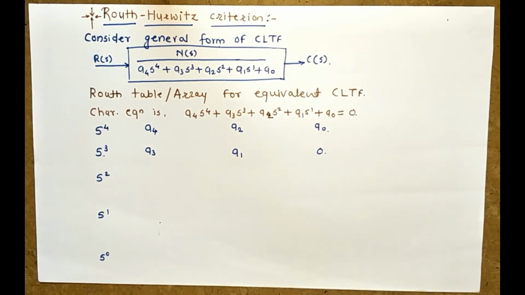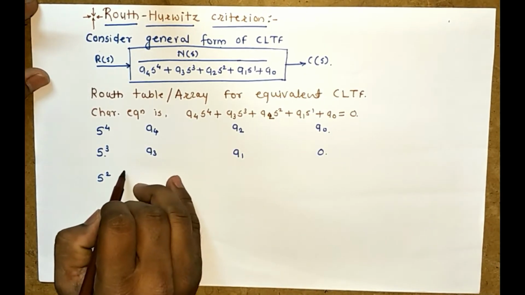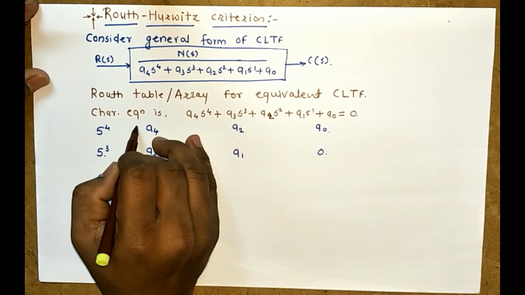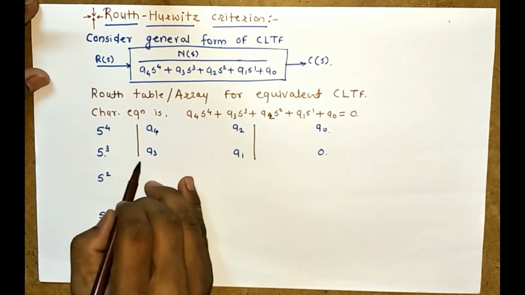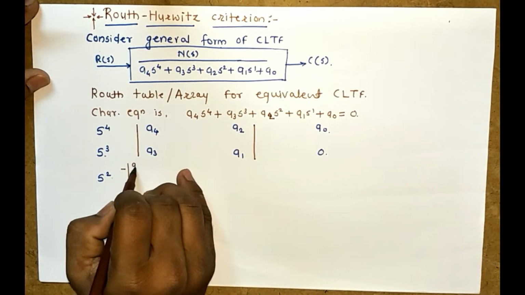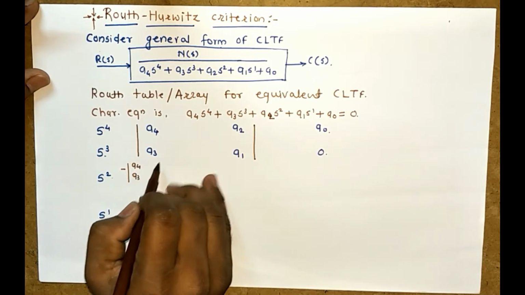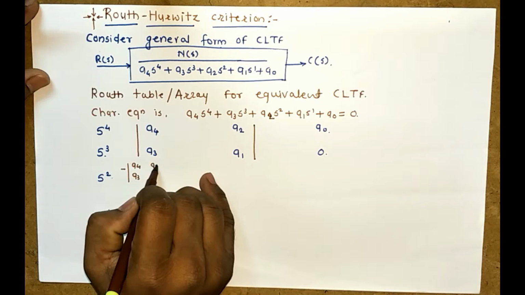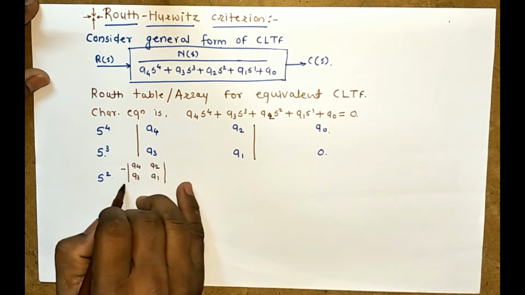Now to calculate the values of the third row, you have to make the matrix of a4 and a3, a2 and a1 outside, with a negative sign, a4, a3, a2 and a1 divided by a3.